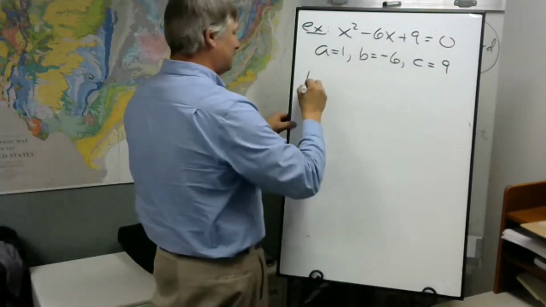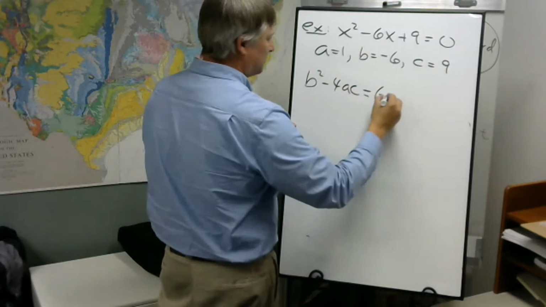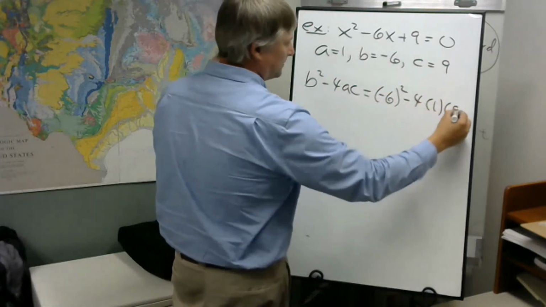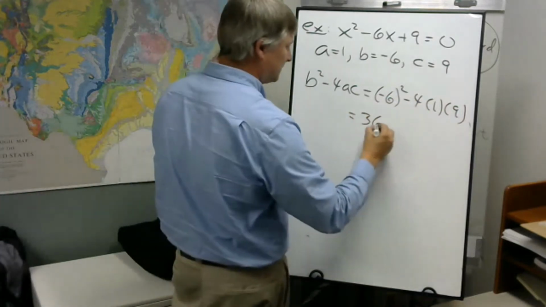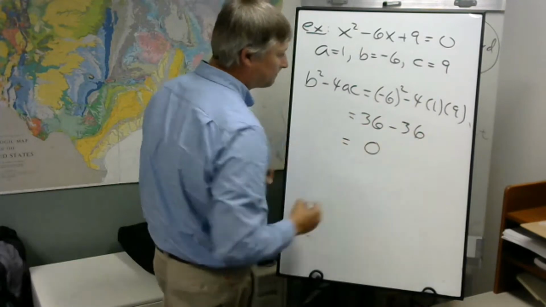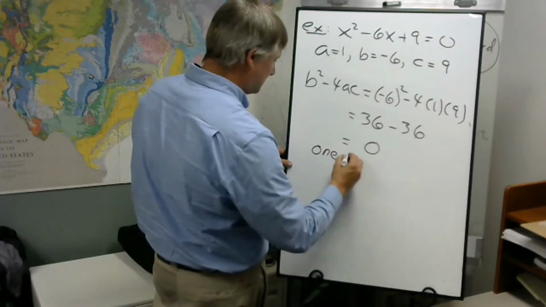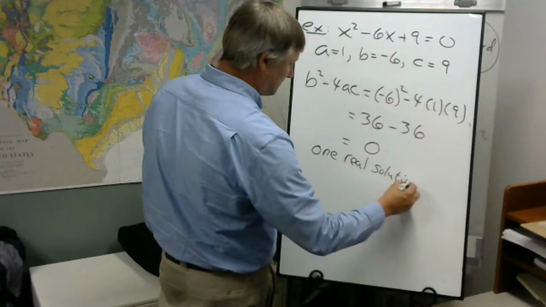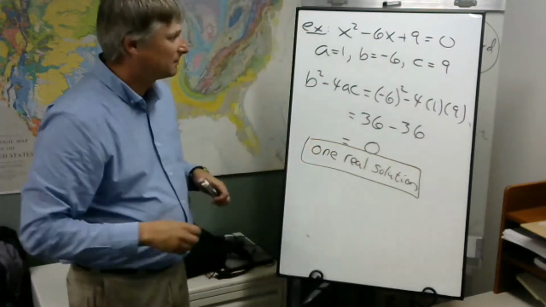So we compute B squared minus 4AC, which would be negative 6 squared minus 4 times 1 times 9, or 36 minus 36, which is 0. So what this tells us is we have one real solution. And that's it.